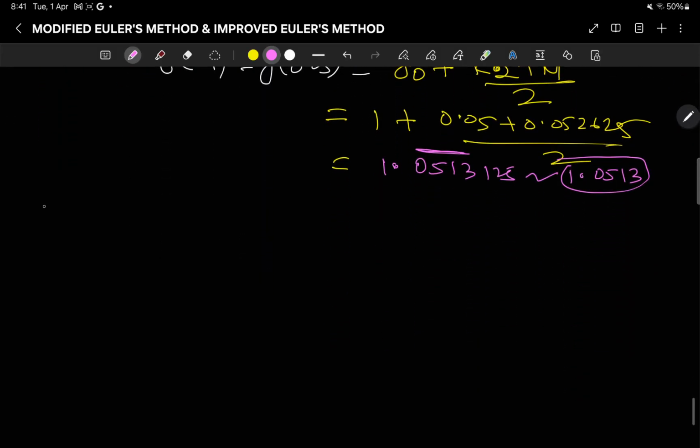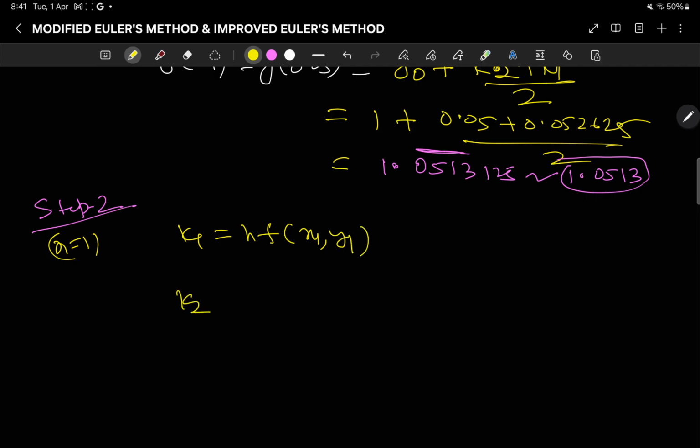Now coming to step 2, here I am taking n equal to 1. So k1 is h f(x1, y1), and k2 is h f(x1 plus h, y1 plus k1).